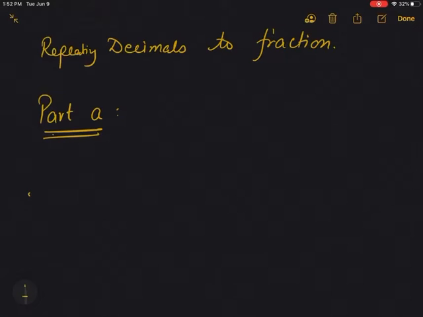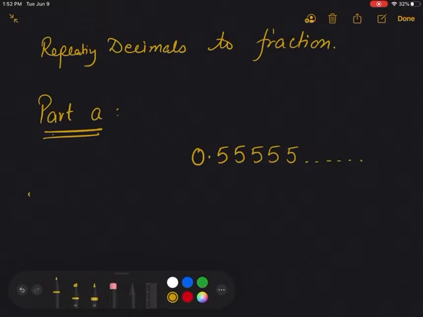So first thing is, let's say the decimal I have is 0.5555, and so on. So it's a repeating decimal. 5 keeps on repeating for this decimal. First thing I want you to do is set this equal to x, because we are learning how to make this decimal into a fraction.